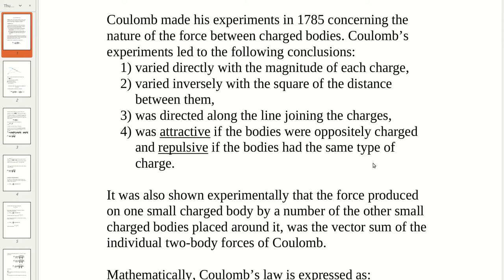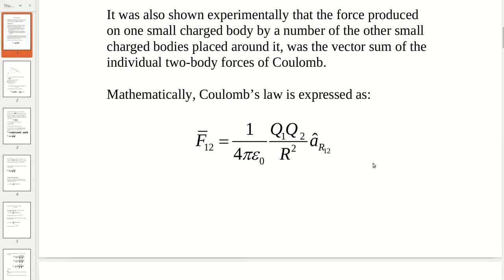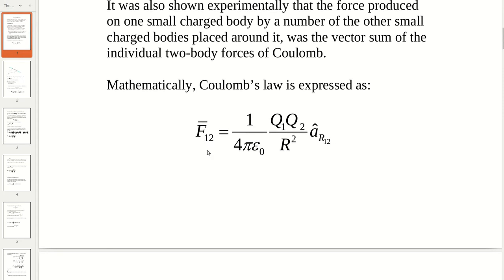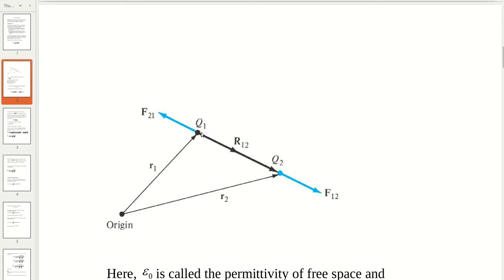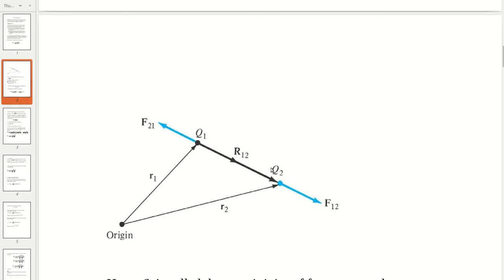Okay, so he concluded mathematically to this expression, the force of the charge Q1 acting on Q2. The direction is from Q1 to Q2, and they are in free space, with R1 and R2 related to the origin (0, 0, 0).